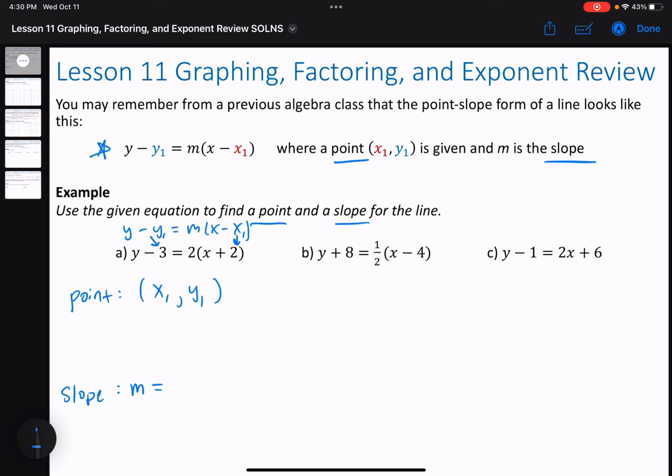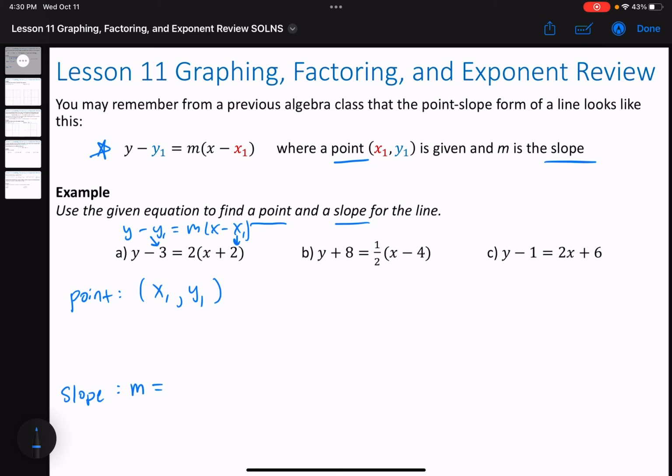Now, looking at this equation, I can see that x1 lines up over the 2, and the y1 lines up over the 3. But both original equations start with negative signs in front of x1 and y1. That means that whenever we try to find the point, it's always going to be the opposite sign of our term.